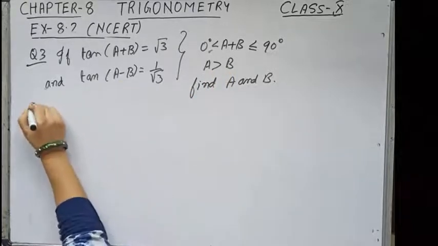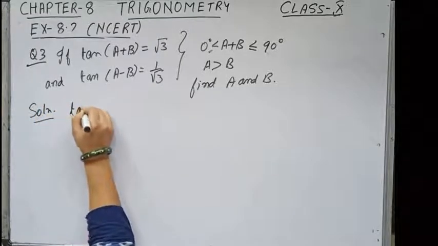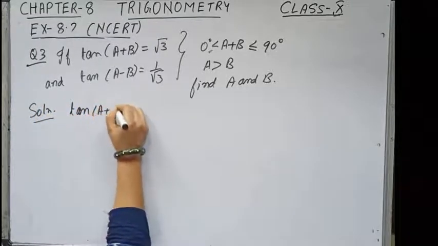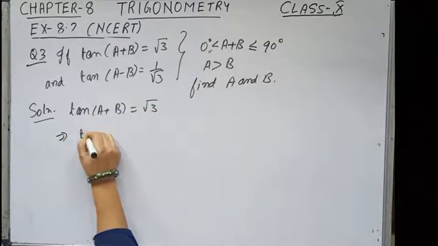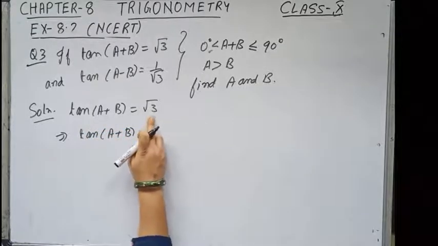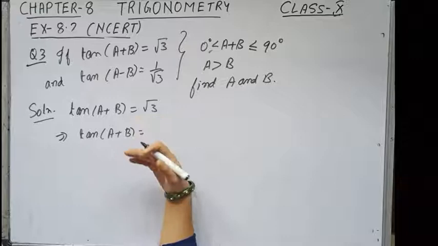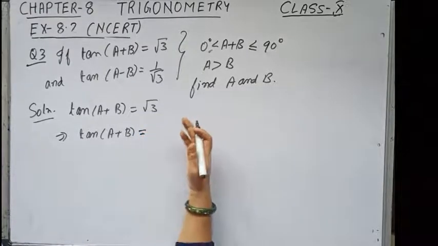So let us start. So in the solution part, children, you will be writing tan of A plus B equals to root 3 implies tan of A plus B. Now root 3 in tan is given by which ratio, which 5 trigonometric values I have explained to you.